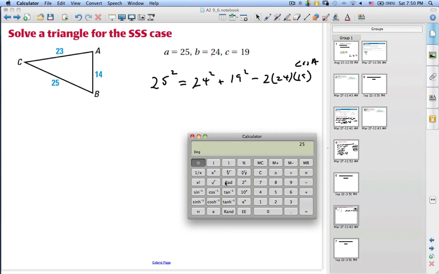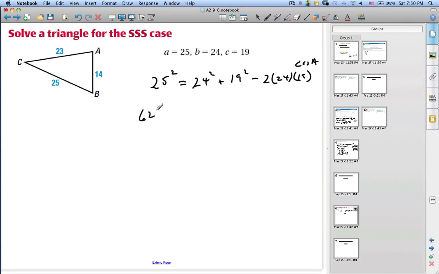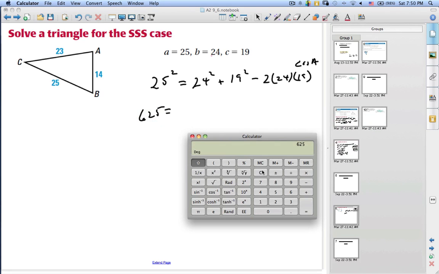So I've got 25 squared, that's 625. So I know I have 625 over here is equal to 24 squared plus 19 squared, and that's equal to 937.